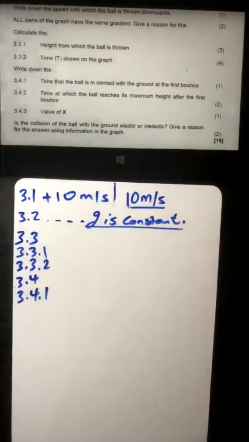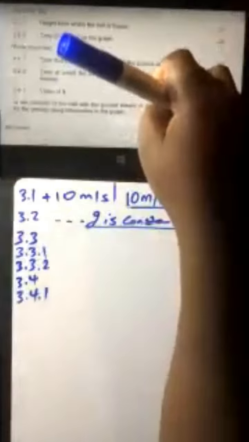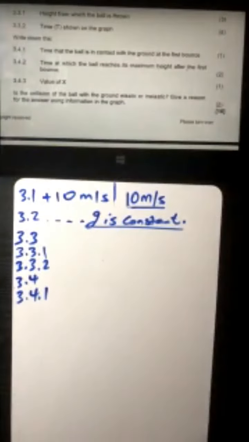Can you see the difference, guys? The previous question they said calculate the, that means you need to perform calculations. But now for this question they say write down the, which means you need to pick that information from the graph or the statement and write it down without the need to perform any calculation.